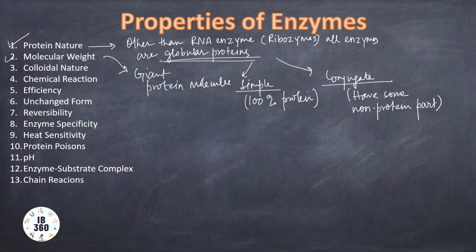Then comes the colloidal nature of enzymes. They are colloidal because they are hydrophilic, and they form a hydrosol in free state. Hydrophilic means they are water friendly. If they had been hydrophobic, then they would have a phobia of water; they would have feared water. But they are hydrophilic in nature.